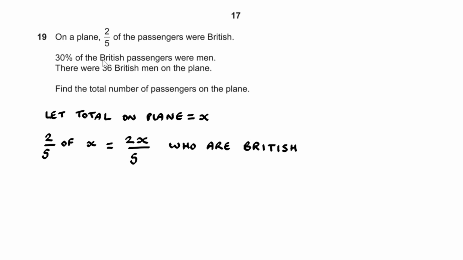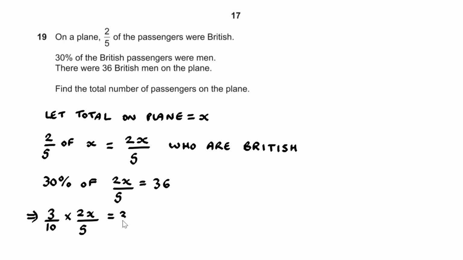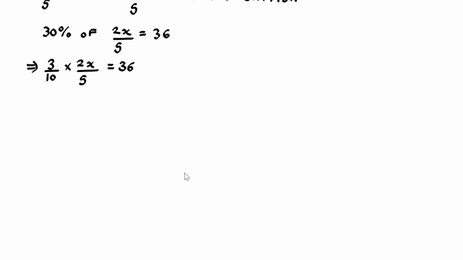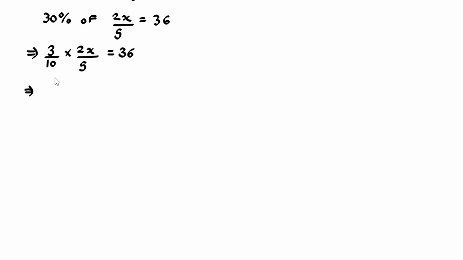And then we've got 30% of the British who are men. So we'd have 30% of 2x over 5 being the number of men. And this, of course, is equal to 36. Now 30%, that's the same as 3 over 10. So we've got 3 over 10 times 2x over 5 equals 36. So now if we attempt to tidy all of this up, well, 3 times 2, that's 6.